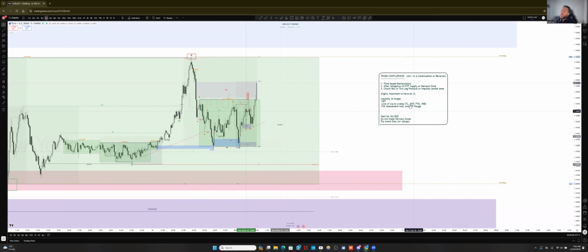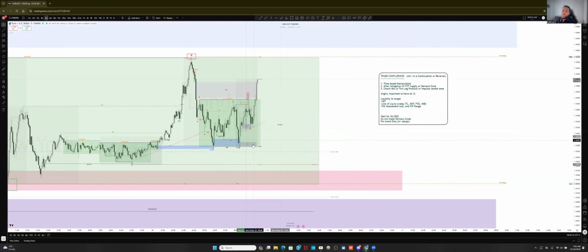And next, I like to use my pip range to see has price maximized the pip range of the day. Has price completed the pip range for today is what I like to use.